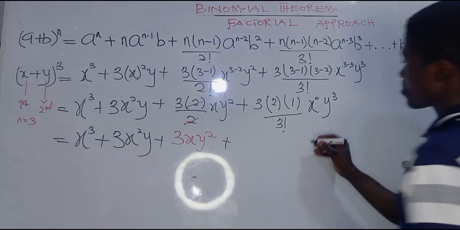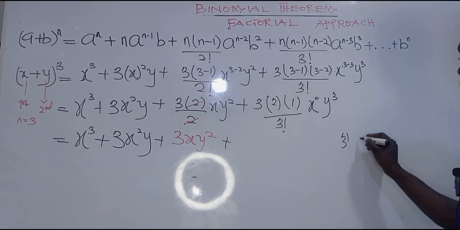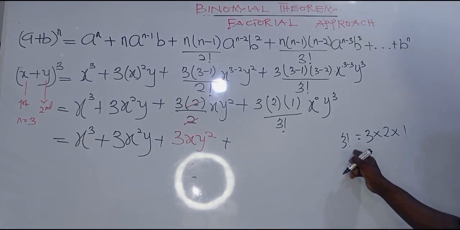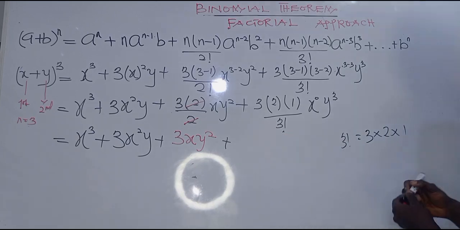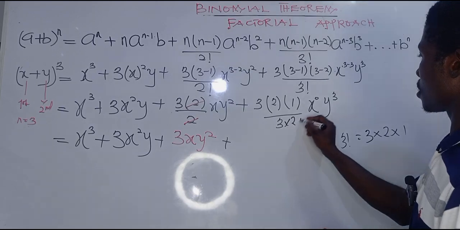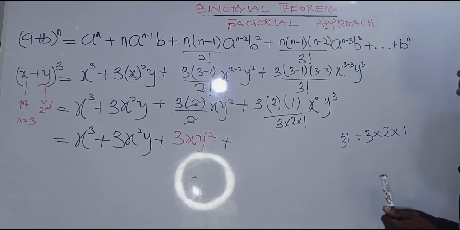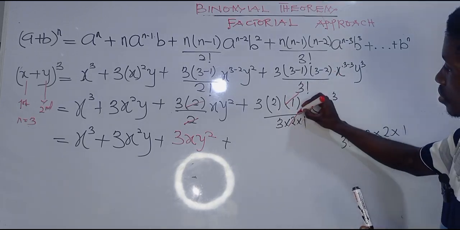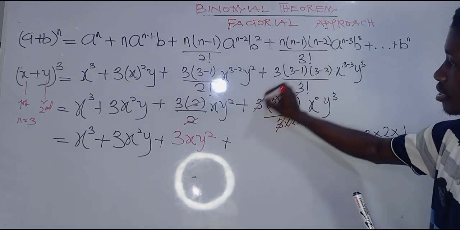Now 3 factorial means 3 times 2 times 1. So in place of this, you can write the whole of that. So from here, you realize that 1 will cancel 1, 2 will cancel 2, 3 will cancel 3.